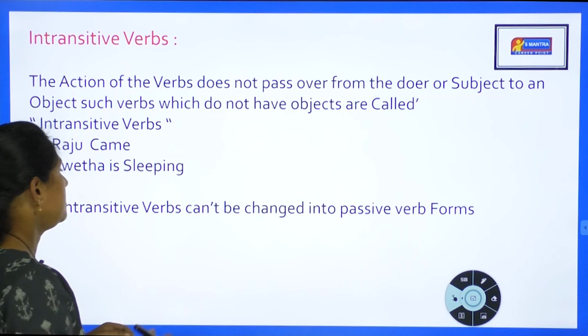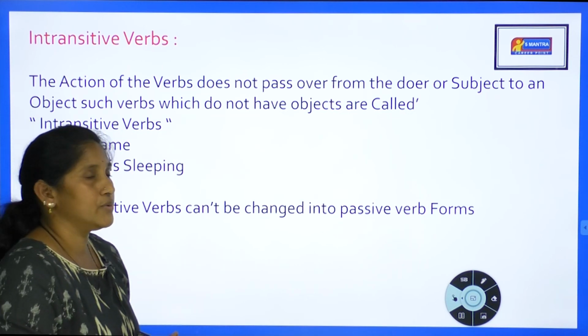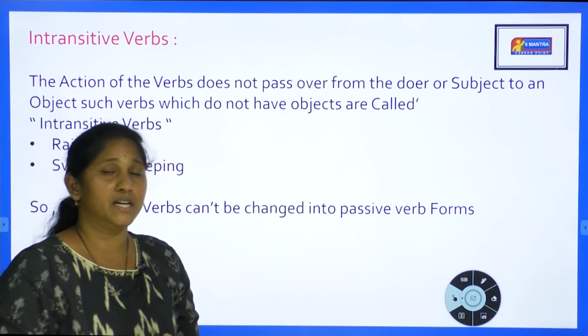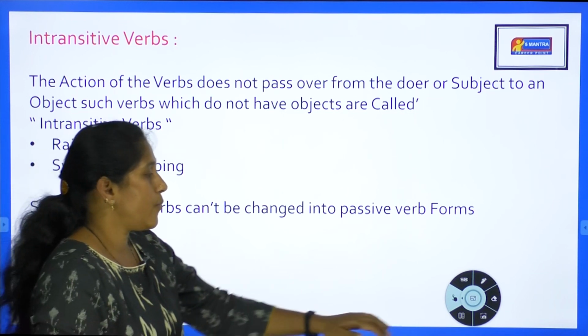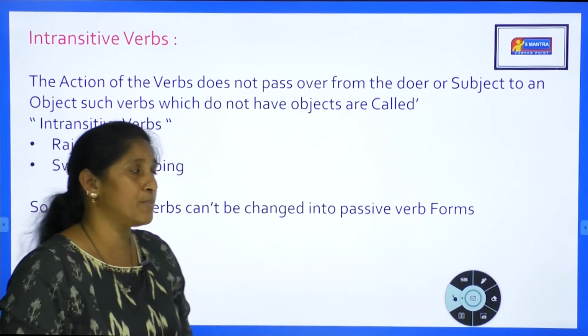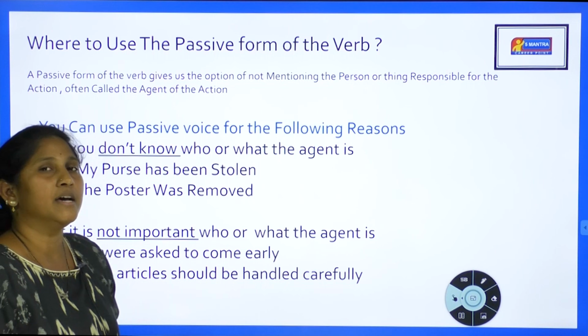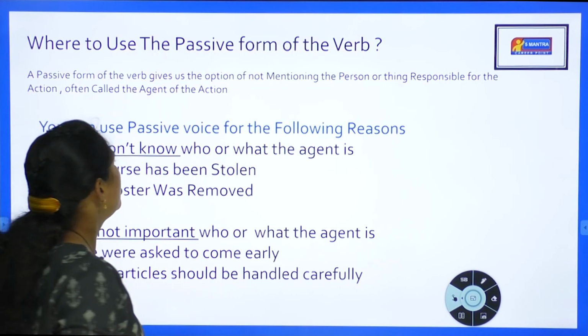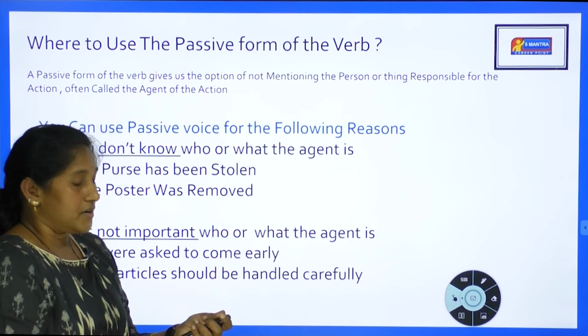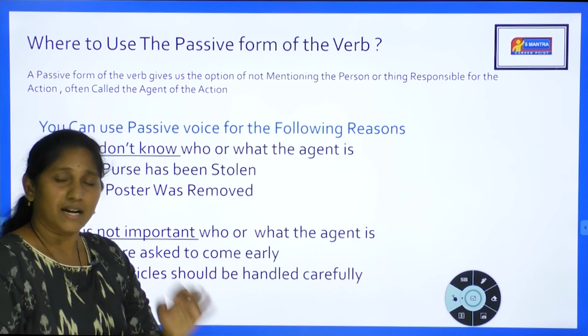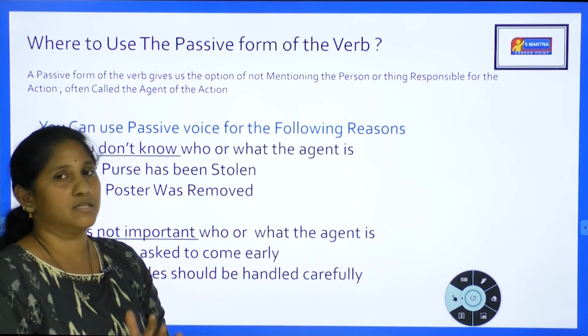Okay. Now we are going to discuss different kinds of situations. What are the situations in which we use passive form of verbs in our day-to-day life? Regularly we use active sentences and also passive sentences.